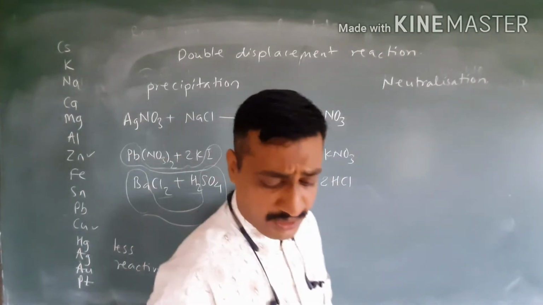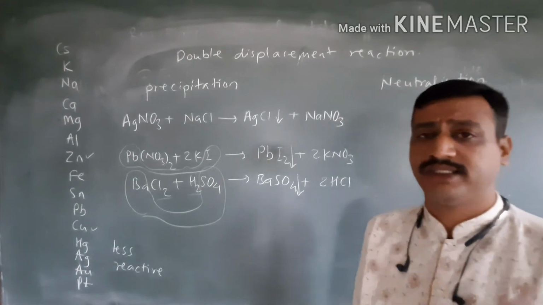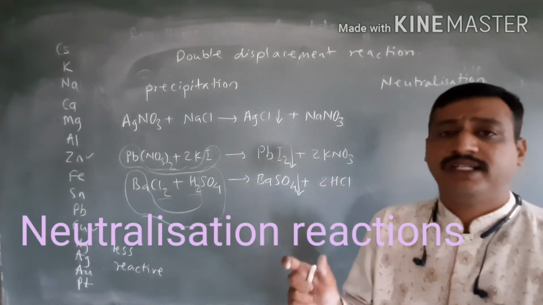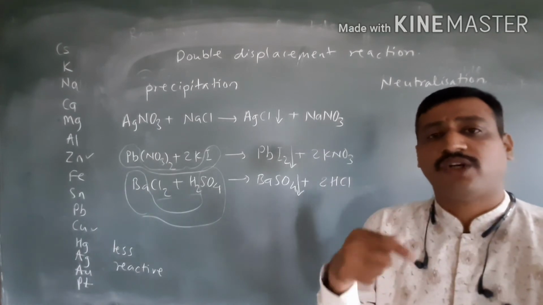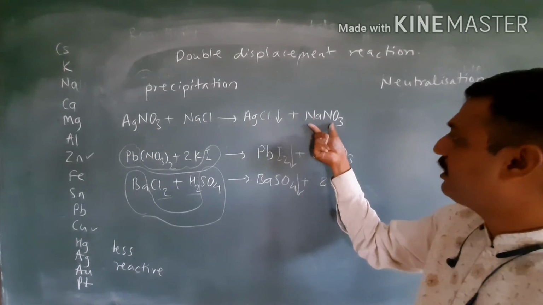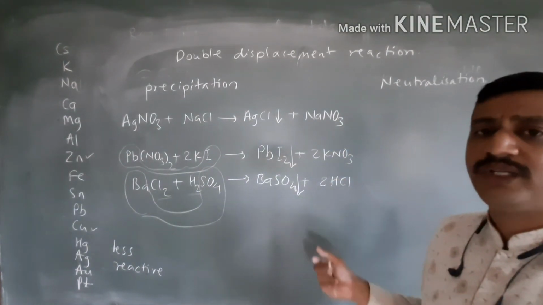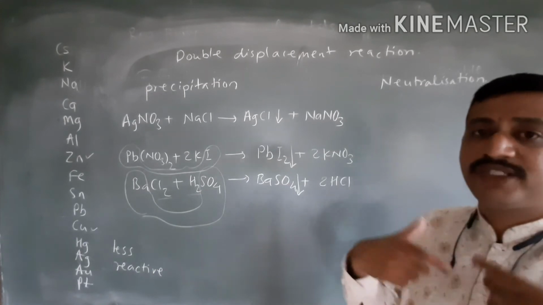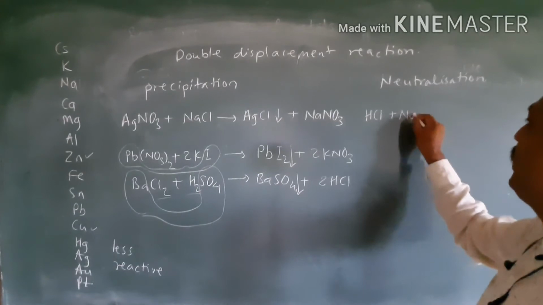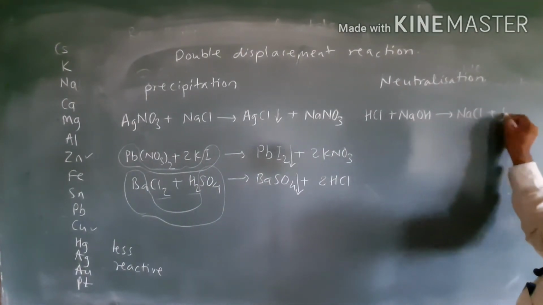Now let's see the last one, neutralization reactions. Neutralization reactions are a type of double displacement reactions in which acid reacts with base to form salt and water. Same type of reaction we will see, but here the last product is water, H2O, and we may define neutralization reactions as H+ from acid, for example HCl, and OH- from base resulting in the formation of water.